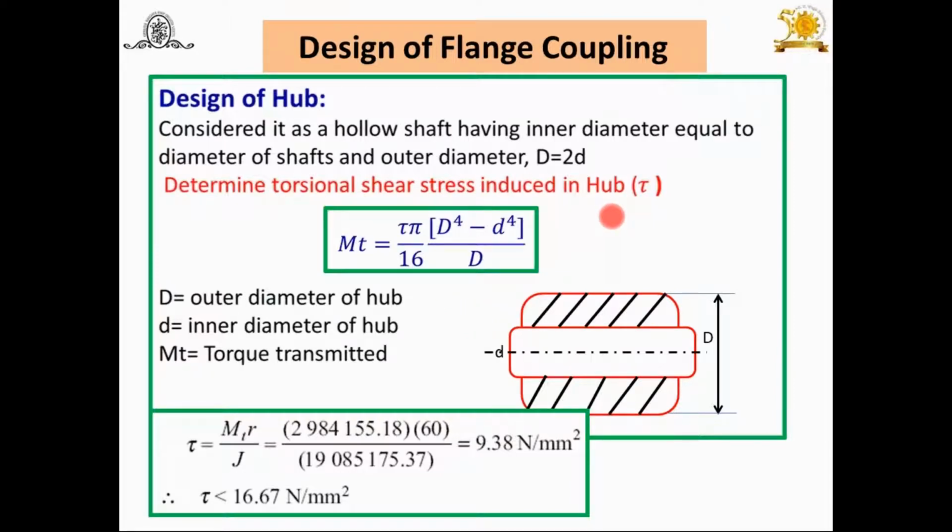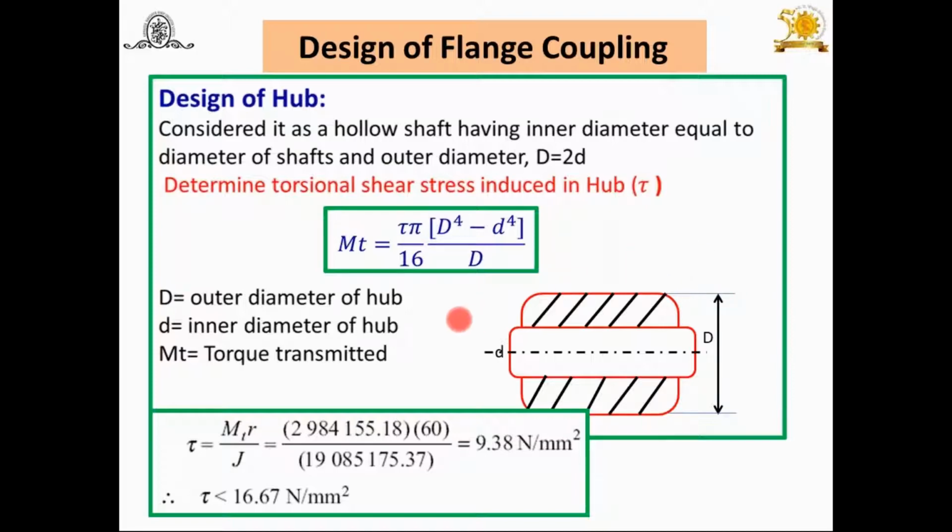So in the design of the hub, we know that capital D, the hub diameter, is equal to 2 times the shaft diameter, which we have already calculated. It is a hollow cylindrical part, so we have to use the expression for a hollow shaft. For a hollow shaft, MT is equal to pi tau upon 16 times D raised to 4 minus small d raised to 4, divided by D. In some cases you will find one factor introduced, small k equal to small d by capital D, the ratio of inner diameter to outer diameter.